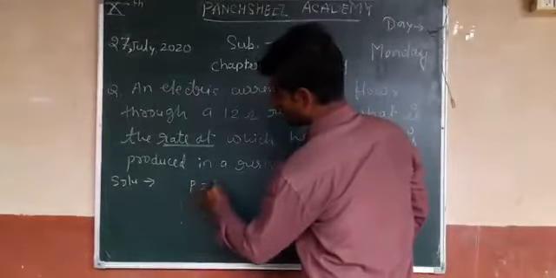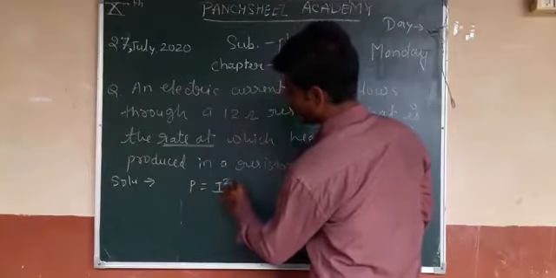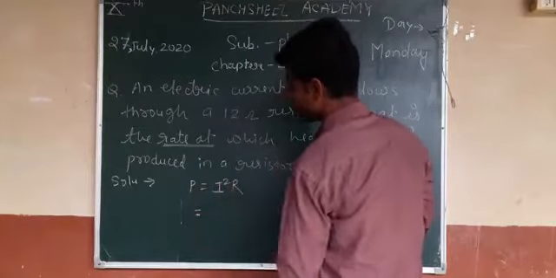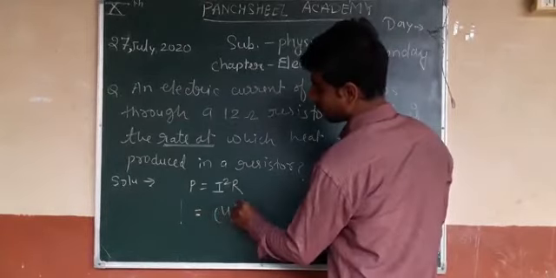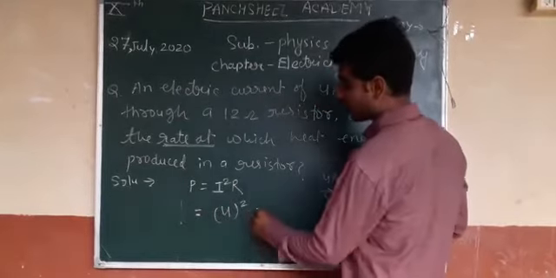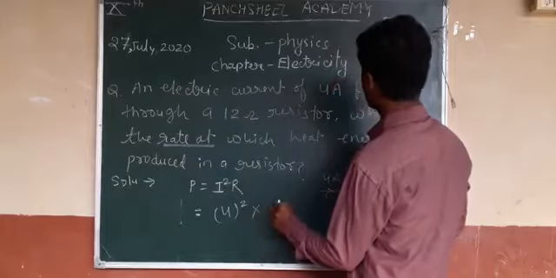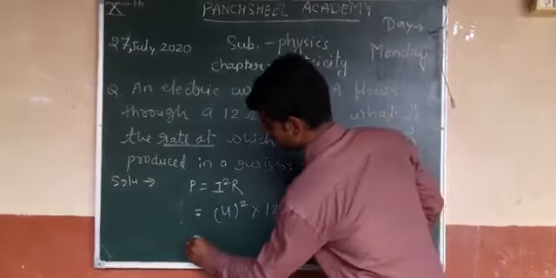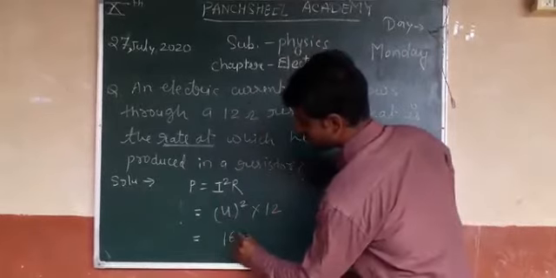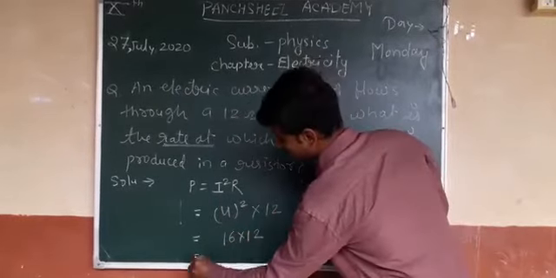So P equals what? I square into R. What is the value of I? I is 4 ampere, so 4 square, and R is 12, so 4 into 4, 16, into 12.